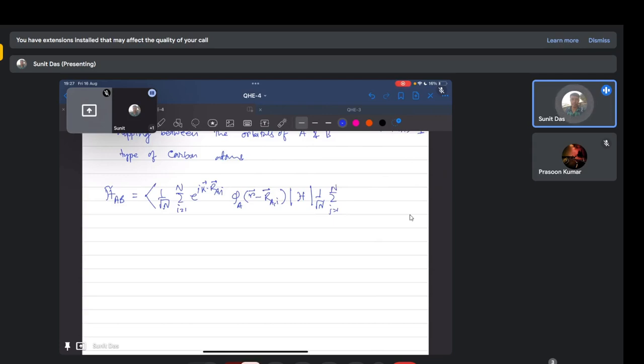Since i is the dummy index, going over the number of unit cells, we just change i to j in this second term: e to the power i k dot r b j, and then phi b of r minus r b j.